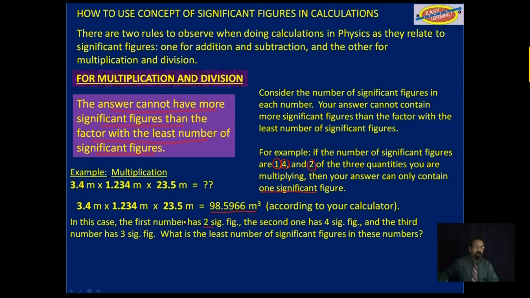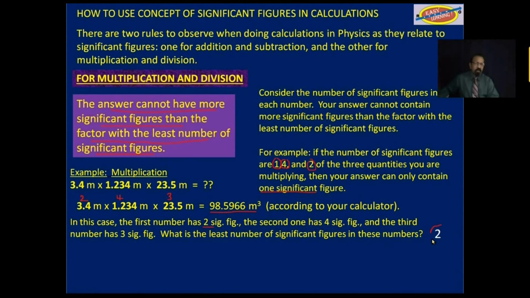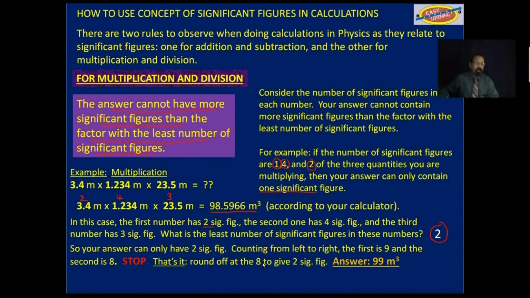The first number has 2 significant figures. The second number has 4 significant figures. And the third number has 3 significant figures. What is the least number of significant figures in these numbers? And the answer is 2. So our answer can only have 2 significant figures.